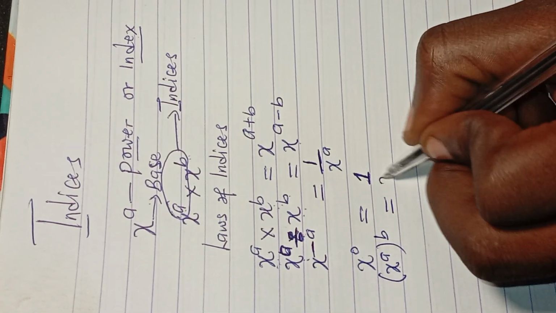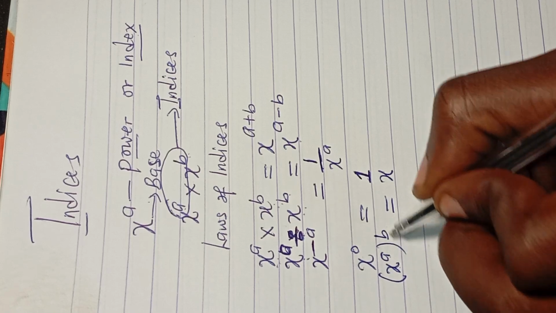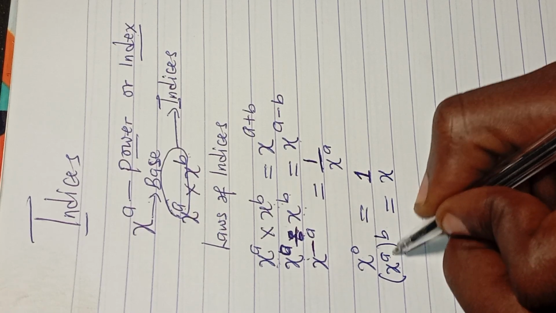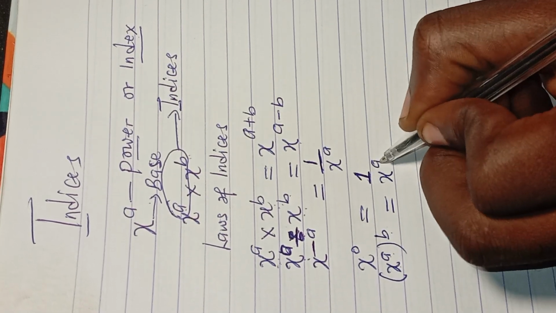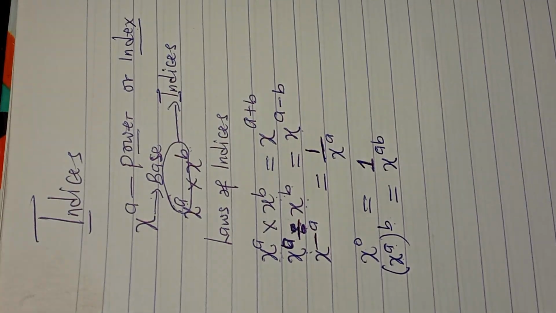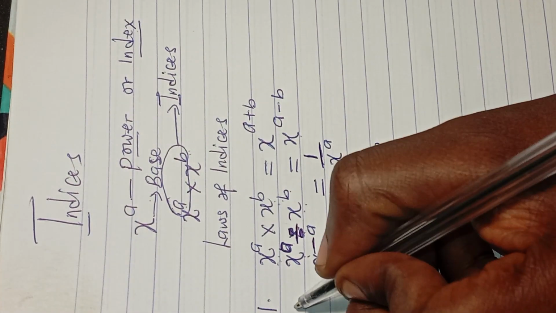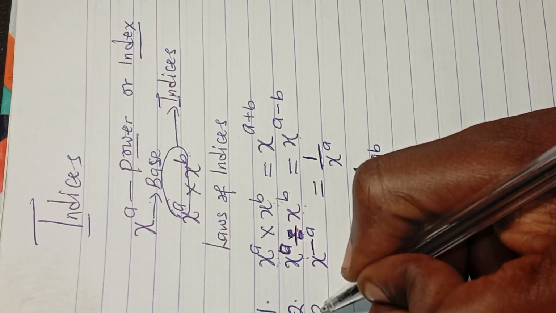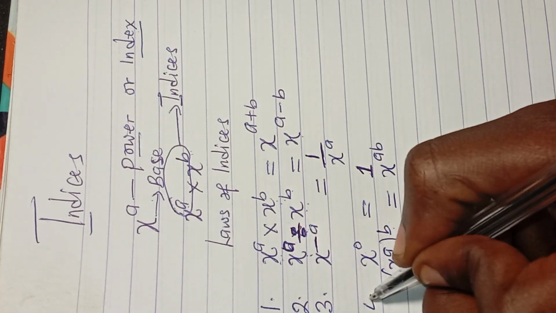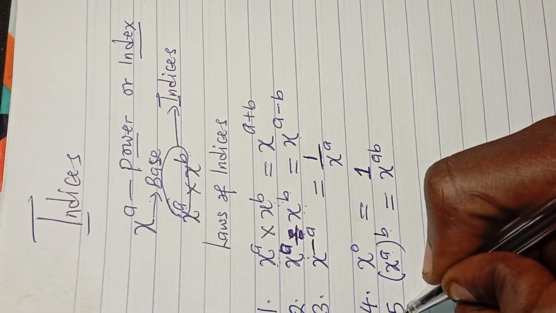Here is x, so we take 1, and we have to multiply a and b. So therefore we have a times b. This is number 1, this is number 2, this is number 3, this is number 4, and this is number 5.